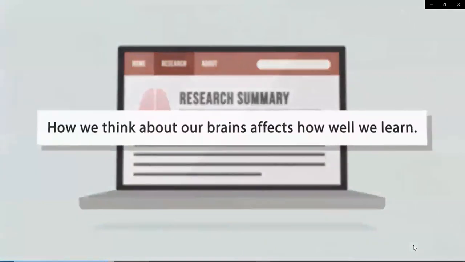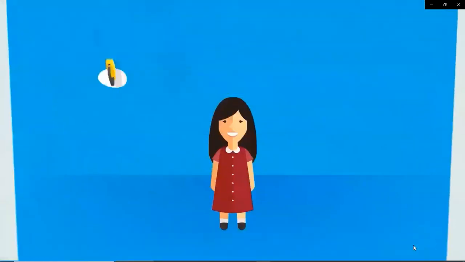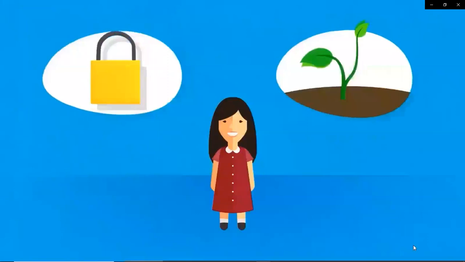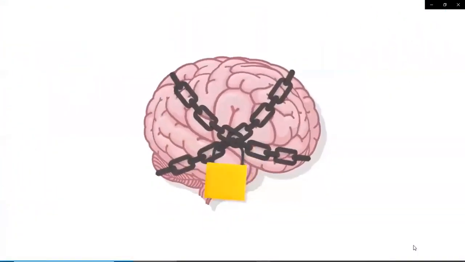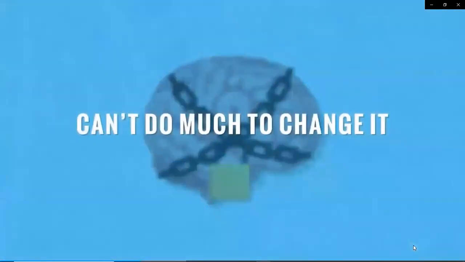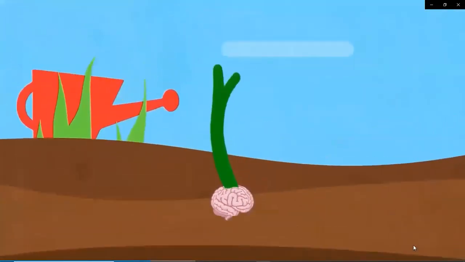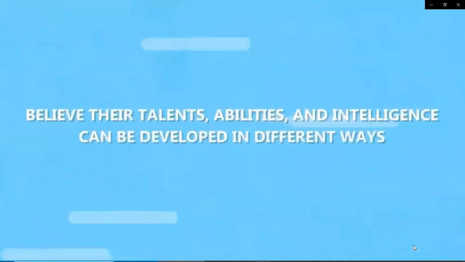According to Stanford University psychologist Carol Dweck, how we think about our brains actually affects how well we learn. Dweck says that people generally think with one of two different mindsets, a fixed mindset or a growth mindset. People with a fixed mindset believe that their intelligence is fixed at birth and they can't do much to change it. People with a growth mindset believe that their talents, abilities, and intelligence can be developed in different ways.